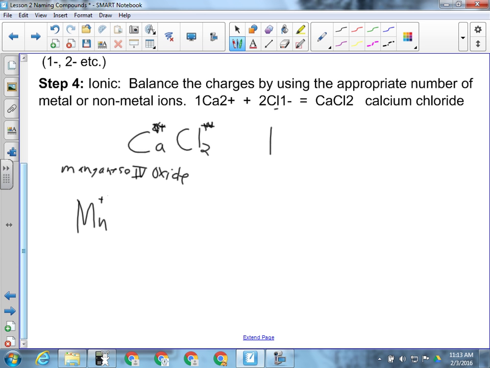All right, so I go manganese plus 4, and oxygen minus 2. All right, now I drop and swap. 4 goes here, 2 goes here. Am I done? No. Can I reduce those? Then I do. Okay, and I end up with MnO2. Okay, it happens once in a while, but you got to be ready for it. Okay, we always reduce down to the lowest terms.